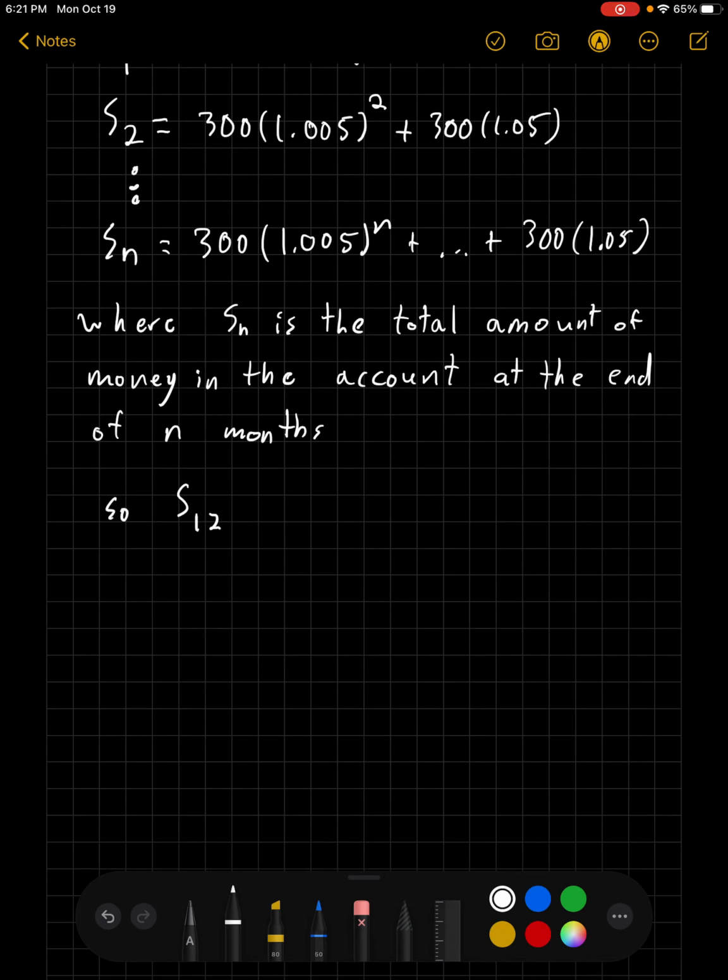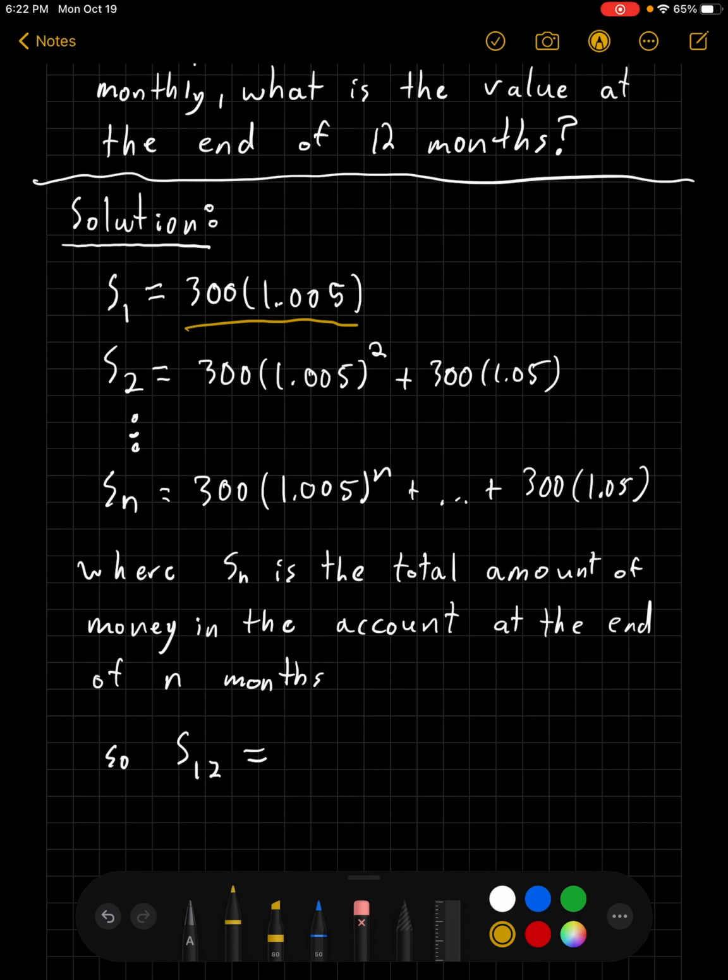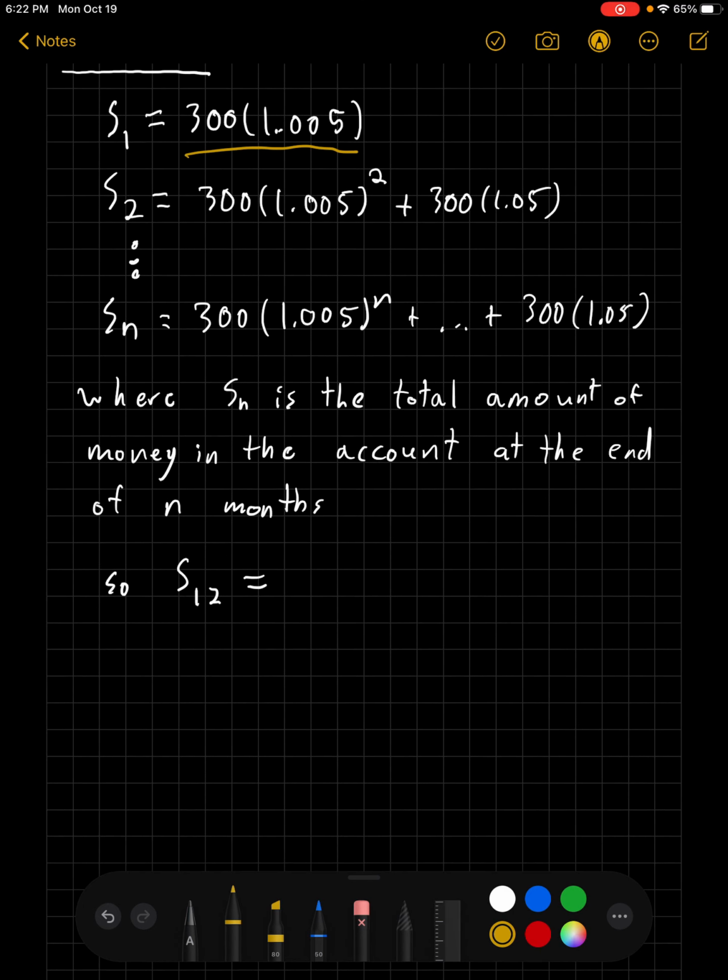If we use the geometric formula, the initial amount, the first month, was this. So S12 is equal to 300 times 1.005 times (1 minus 1.005 to the 12th) over (1 minus 1.005).